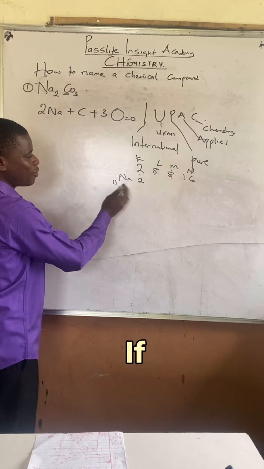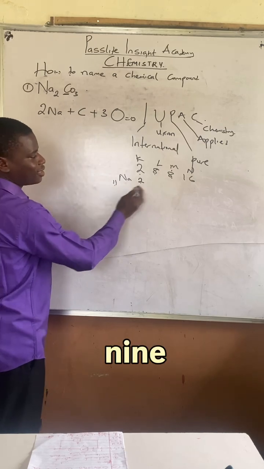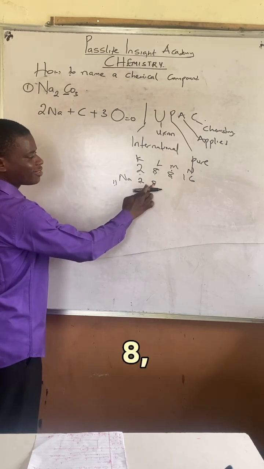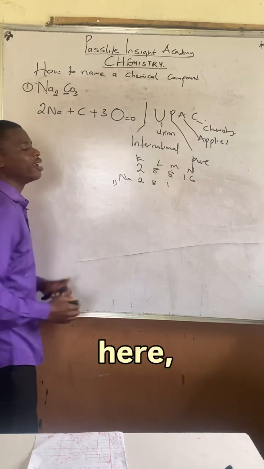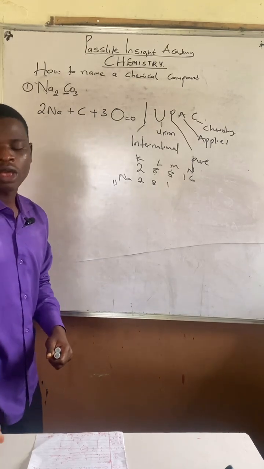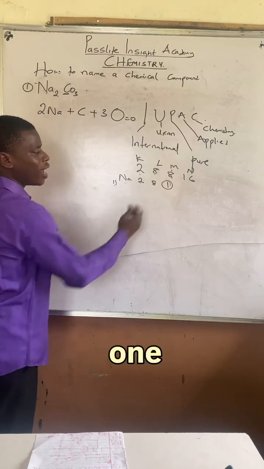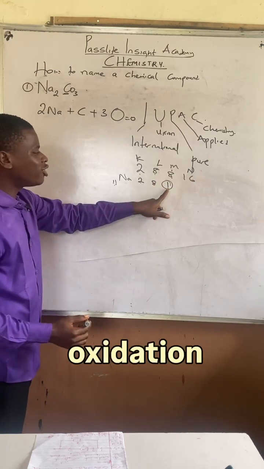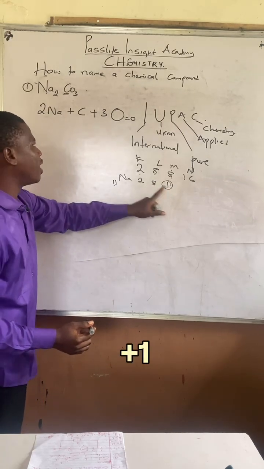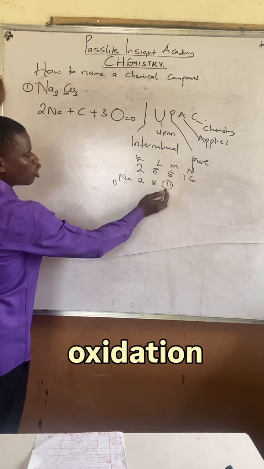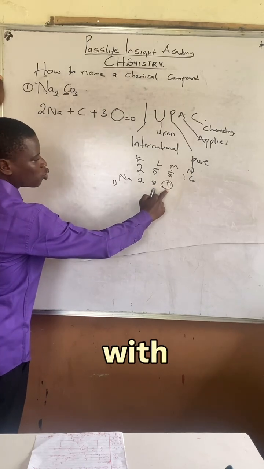When you remove 2 from 11, remaining 9. Then this 8: 2 plus 8 is 10, remaining 1. Then put the 1 there, as you can see on the board now. So the last number here is 1. The oxidation number of sodium is plus 1, because it ends with 1.